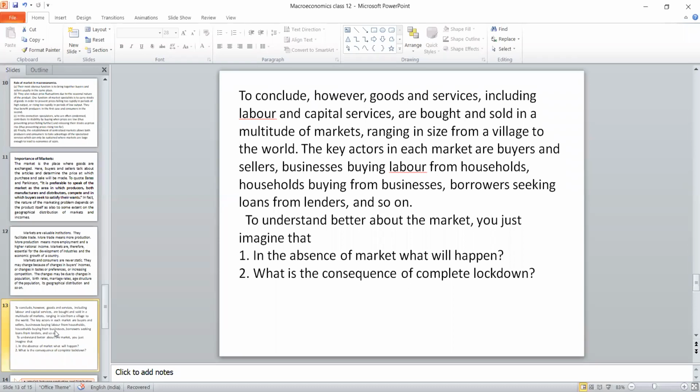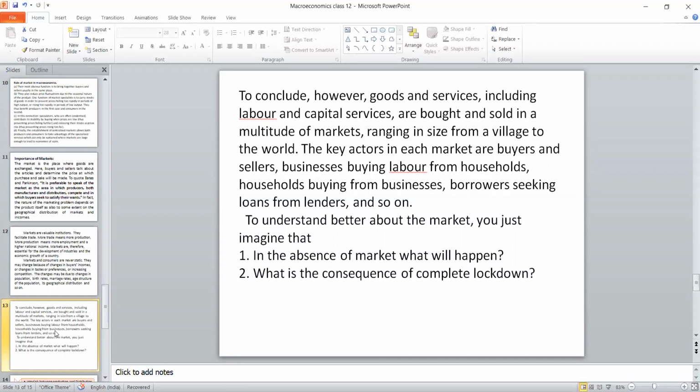The easiest way to understand the role of market is to just imagine there is no market. In the absence of market, what will happen? Each and everyone has to produce their own dress, cattle, fan, all these things. There is no market. Do you think it's possible? Definitely it is not.